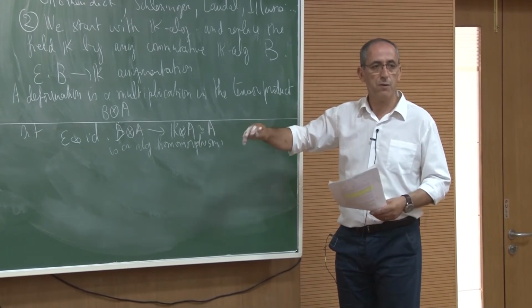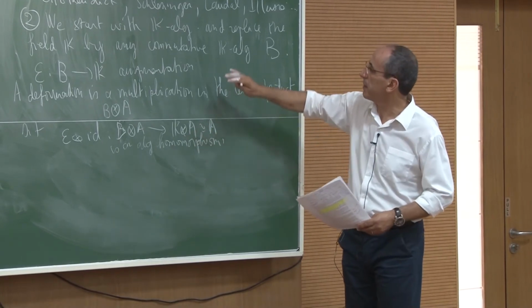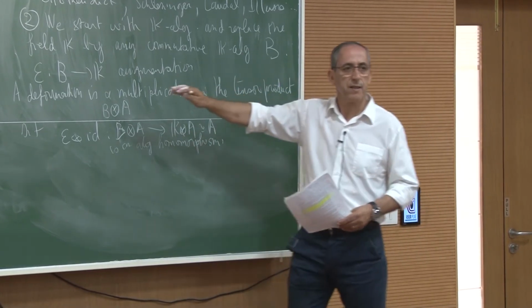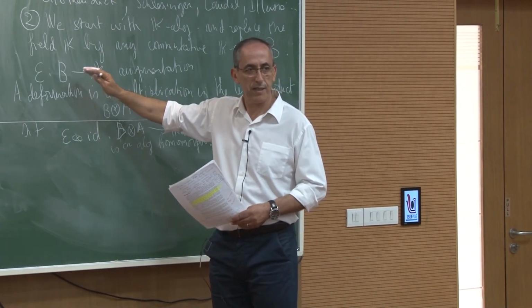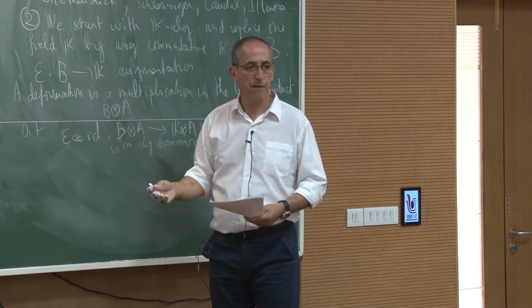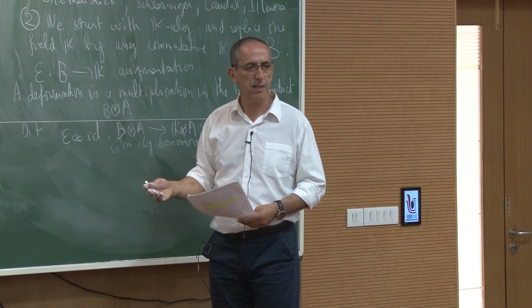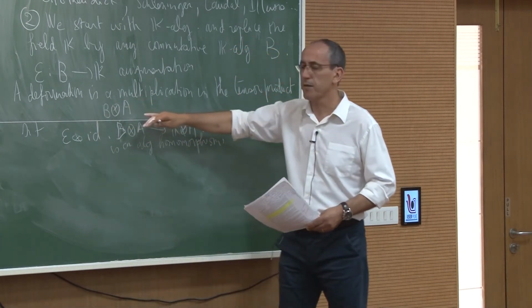And now we would like to deform this A algebra. To build what we can call the global deformation, we need a commutative K algebra B, which will be the base of the deformation. And the deformation is a multiplication on B tensor A.